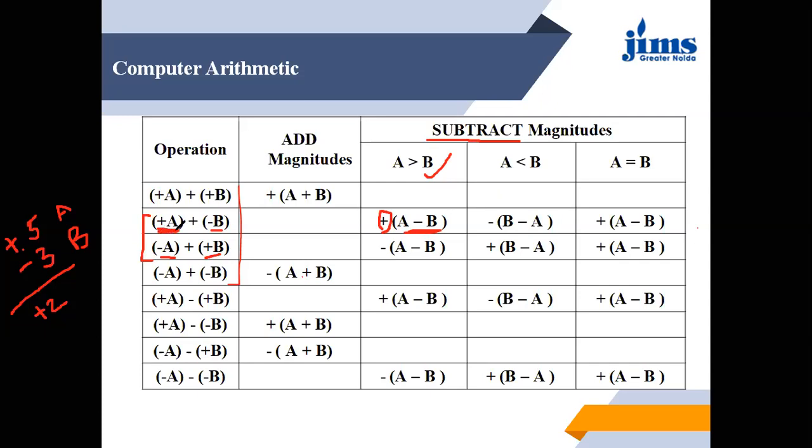When we are adding plus 5 to minus 9, in this case this is minus and this is plus. So minus 9 and plus 5 is minus 4.